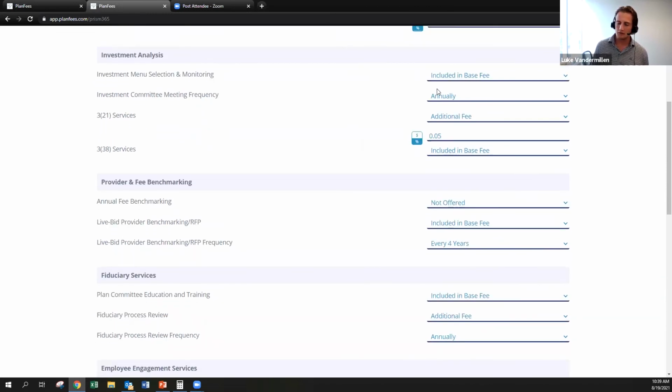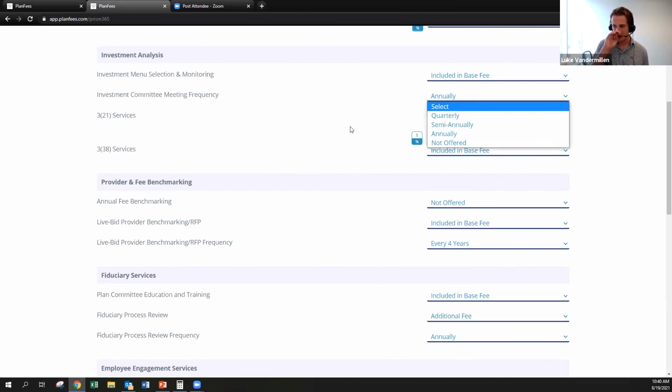And then the PlanFees Prism 365 report actually provides that advisor with a core service model. And the advisor just goes through and selects whether a certain service is included in that 40 basis points, they charge additionally for that service, or the service is not offered at all. And then lastly, how frequently does that service happen? Is it quarterly, semi-annually, or annually?